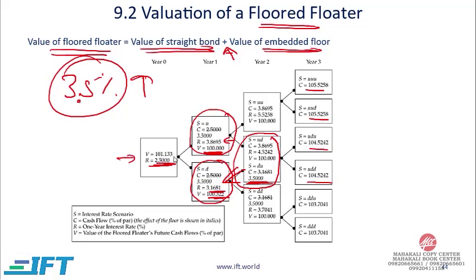So the value of the floater is more than 100. Had this bond not had the embedded floor, the value would be 100, but because of that embedded floor, there is additional value of 1.133, making the total value equal to 101.133.